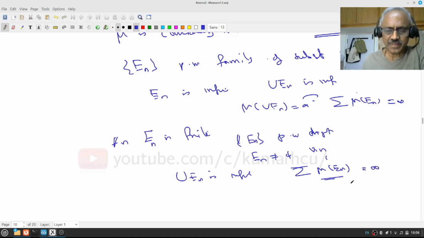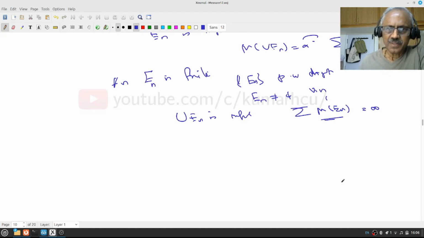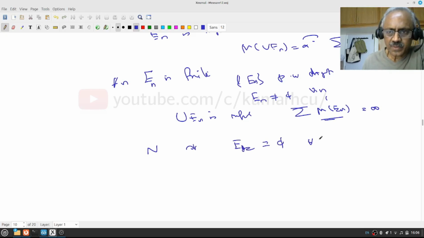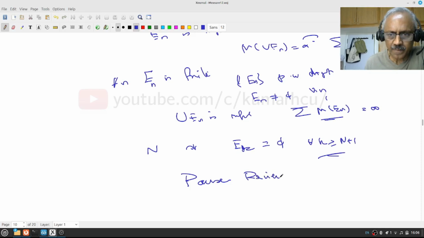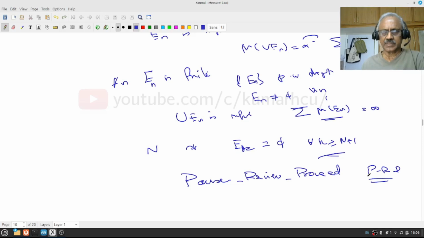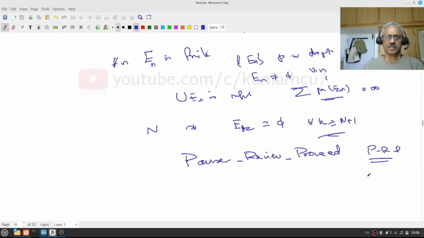Do you understand what I mean? The other case is there is an N so that E_k is empty for all k greater than or equal to N plus 1. Then you can see. I leave the details, but discuss with your friends, don't assume this. It's very easy to believe, but you should also know how to write a rigorous proof for that.